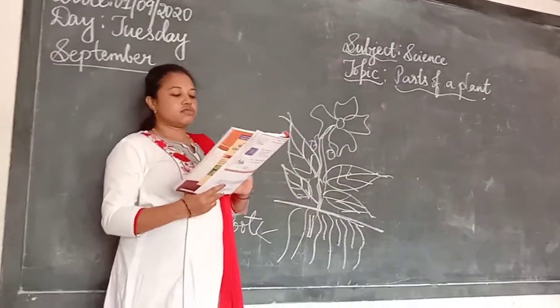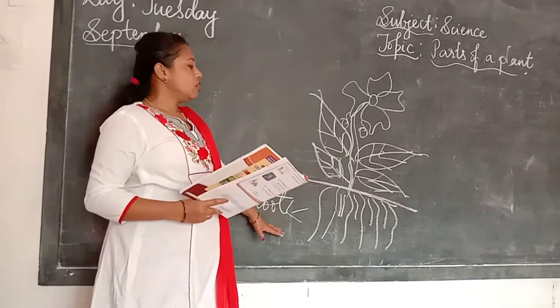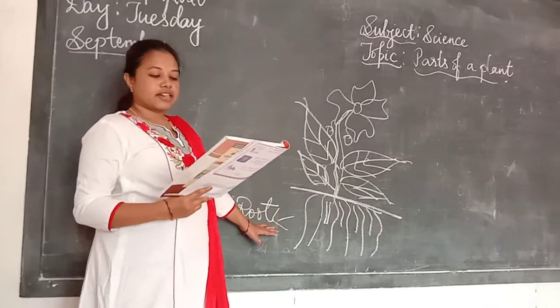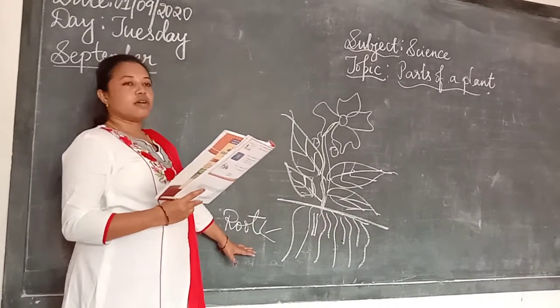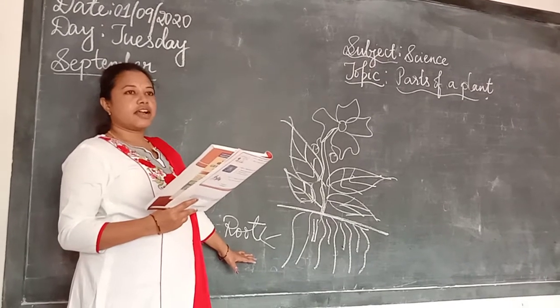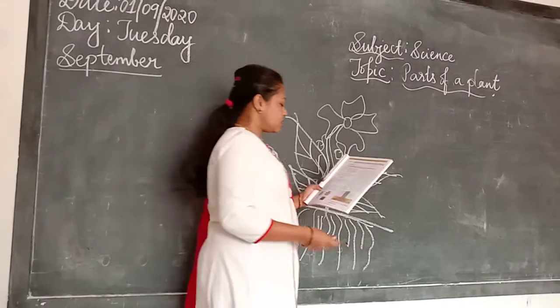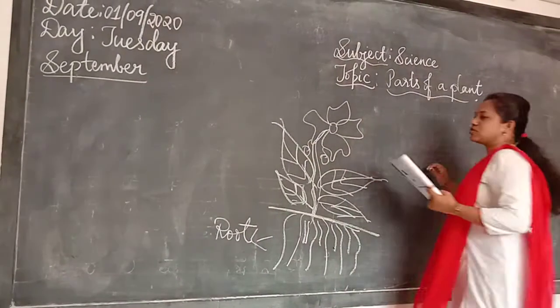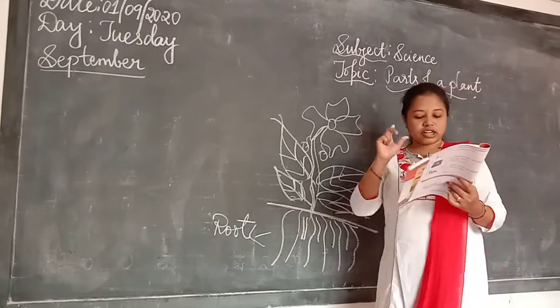Now here we have a small activity to know that roots absorb minerals and water. See here, you take one small sapling of a plant. Sapling means a small plant.